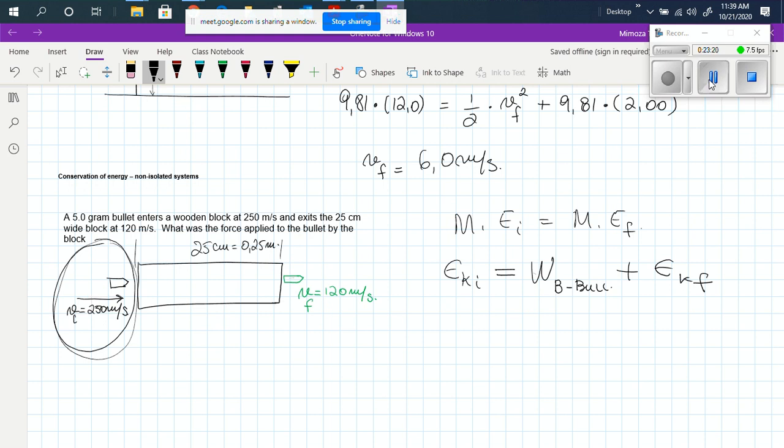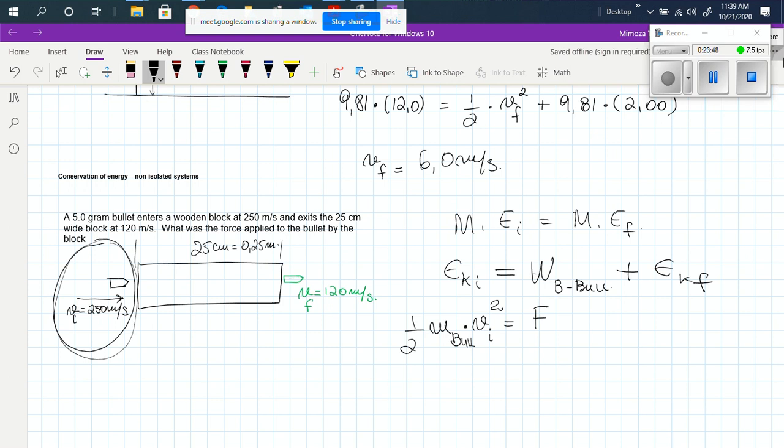Okay, does this make sense? So 1/2 mass of the bullet times initial velocity squared is equal to work, which we said is force times displacement.